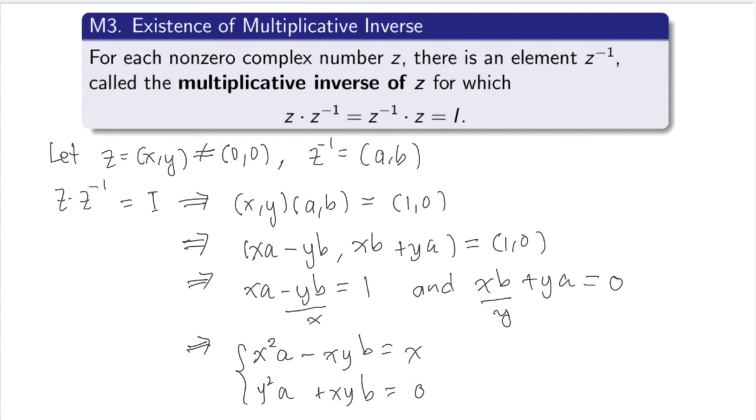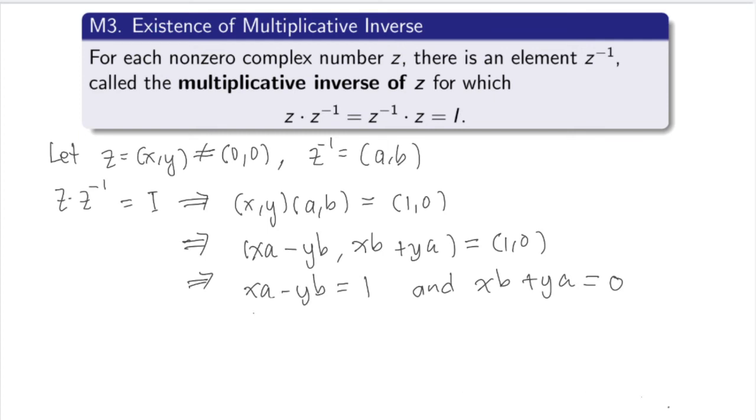Now, if we add these two equations, we are left with X squared A plus Y squared A equals X. Or, solving for A, we have A equals X over the quantity X squared plus Y squared.